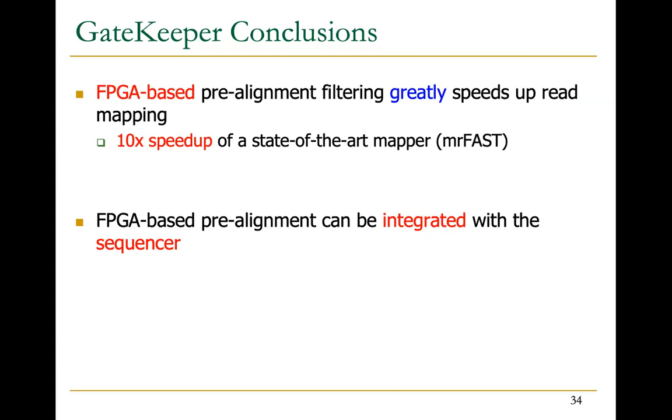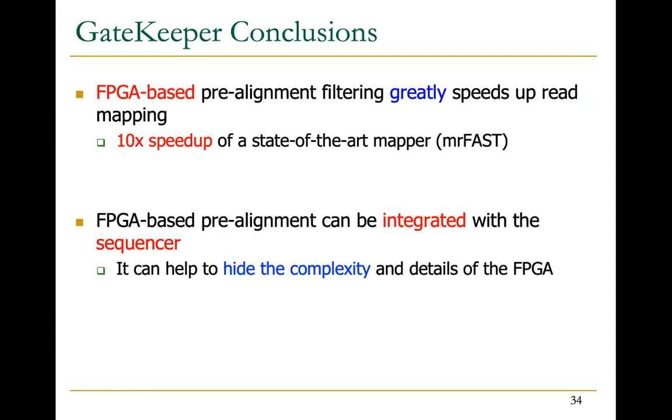Most existing short read sequencers have an FPGA inside to do the translation from the raw sequencing data into the FASTQ file, or what we have currently. That's what we call the base calling step.